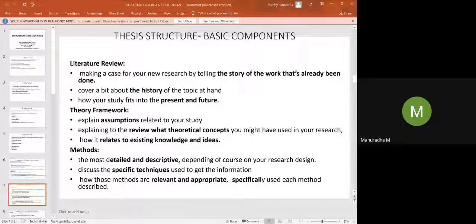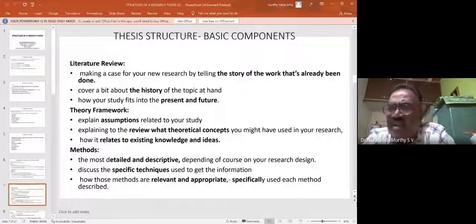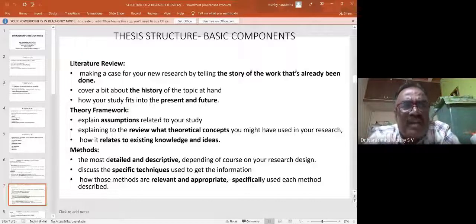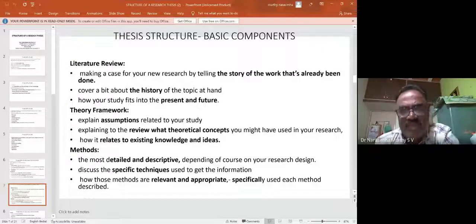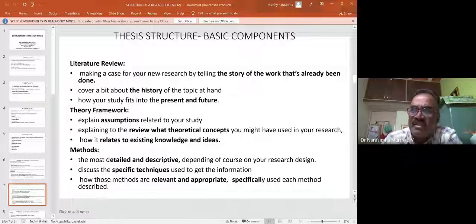The reason being, a lot of research has been done on Shakespeare. But my question is, if you can contextualize Shakespeare to the present day and study him from a post-colonial perspective, cultural studies perspective, eco-criticism, eco-feminism perspective, Shakespeare or any writer becomes relevant.